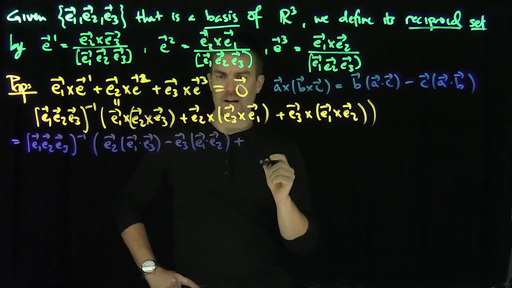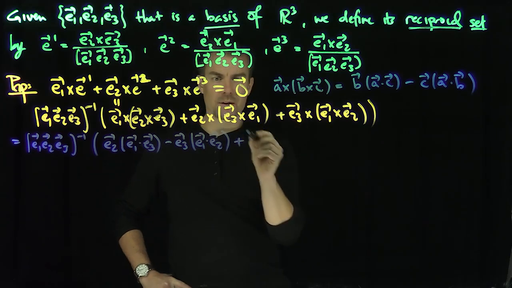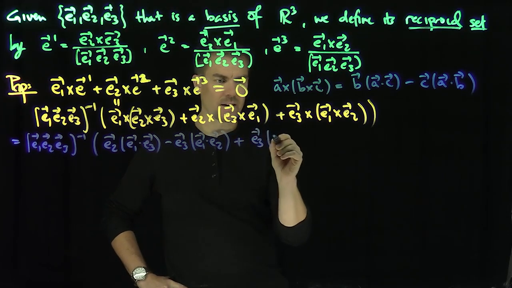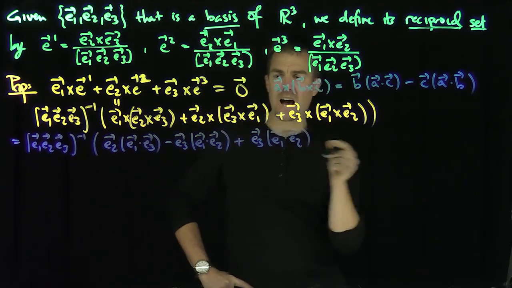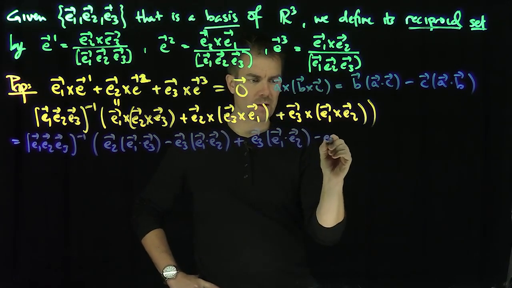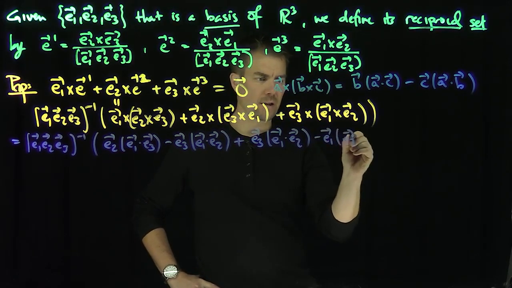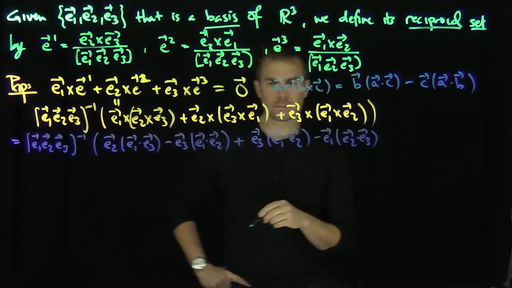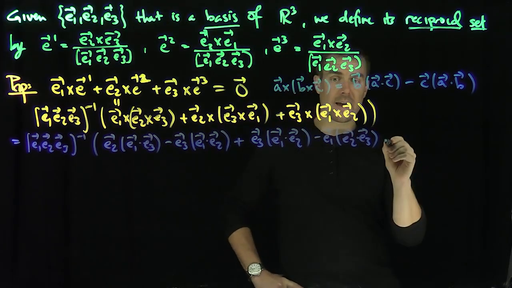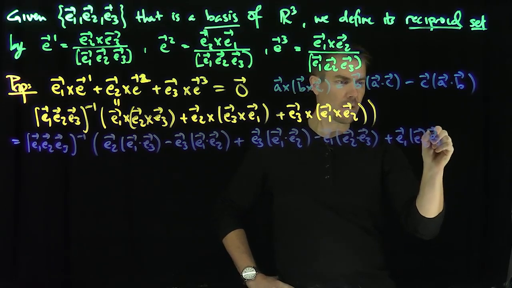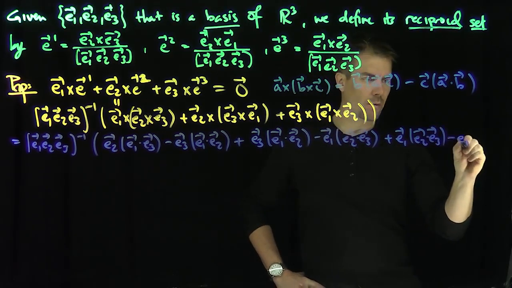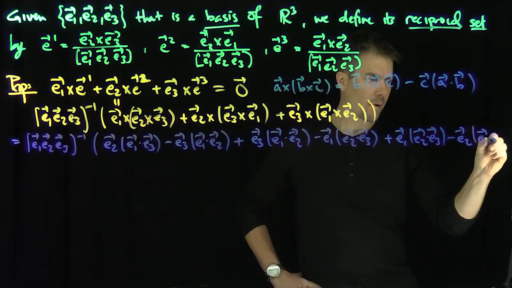This next term is going to be back, so the B over here is E3, so I have an E3, and then E1 dot E2. And then cab, so cab is going to be an E1, so minus E1, and then E2 dot E3. And then finally I have back-cab, so that's going to be an E1 positive, E2 dot E3, minus cab, that's going to be an E2, E1 dot E3.